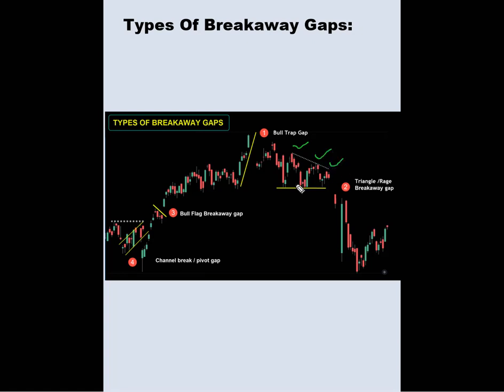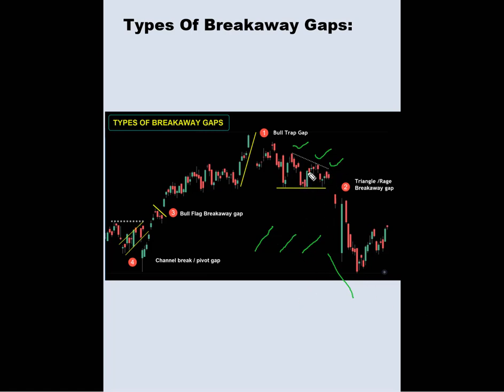This is a daily chart. If you convert it into a 30-minute chart, you can see these lows, swings, one swing, two swing, three swing, and then finally a breakaway gap to the downside. And the structure resembles a triangle. So that is the reason we call it a triangle or a range breakaway gap.